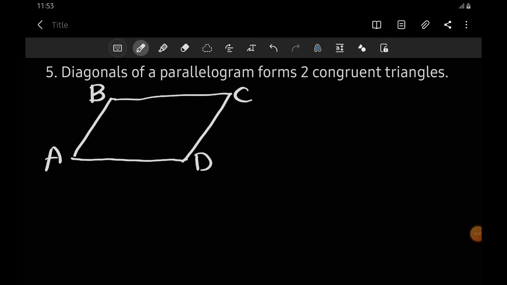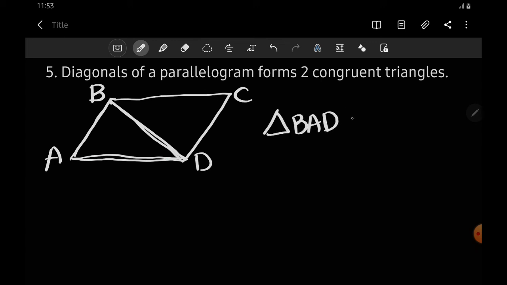Last property is diagonals of a parallelogram form two congruent triangles. If we draw the diagonal BD, you can obviously see that we can form two congruent triangles. That is triangle BAD congruent to triangle BCD.